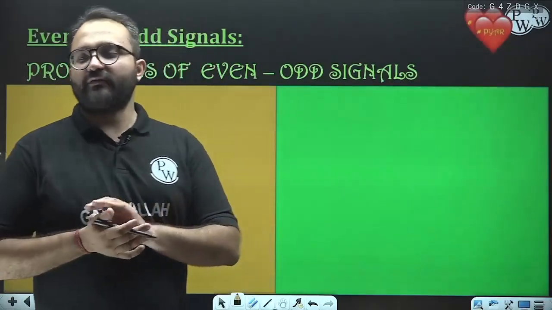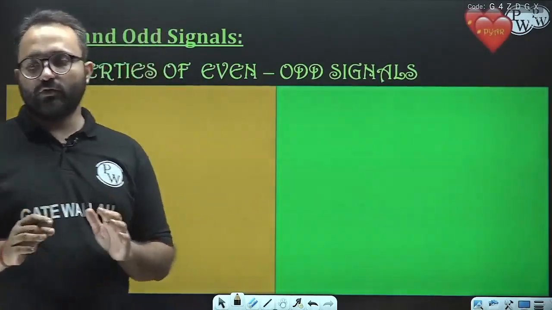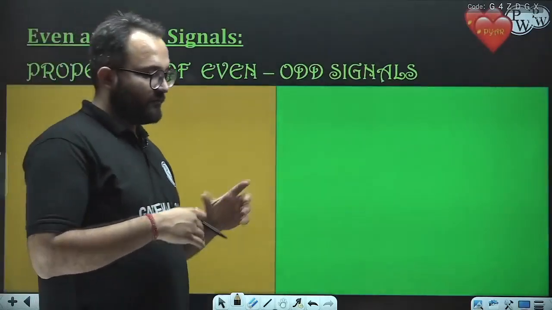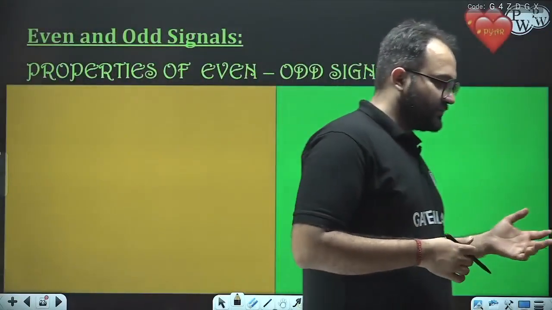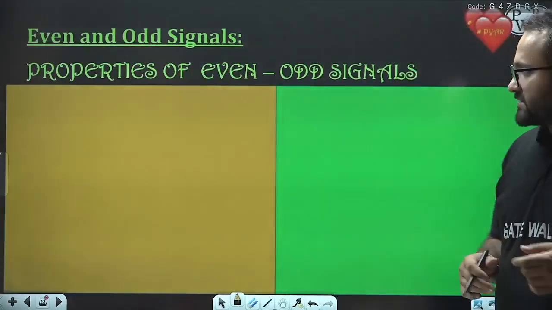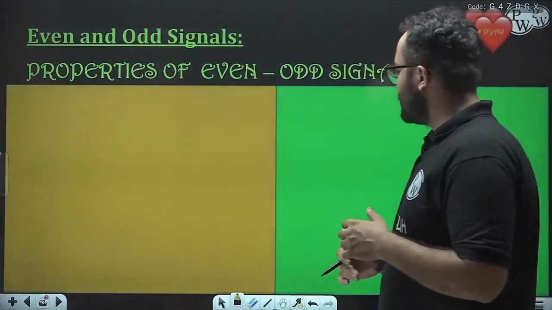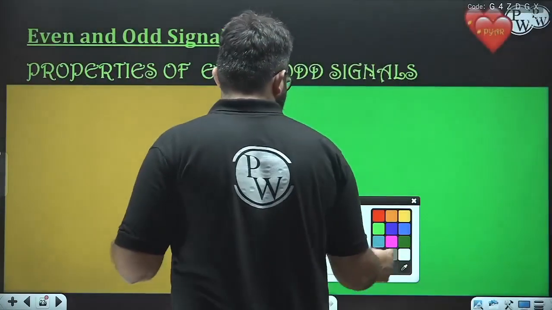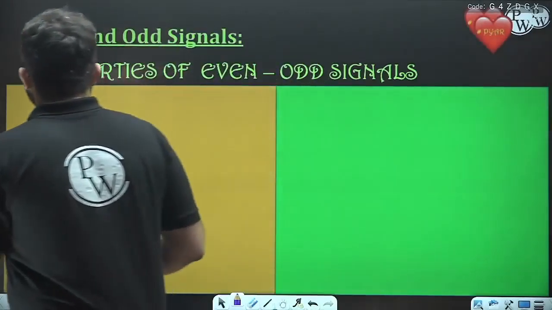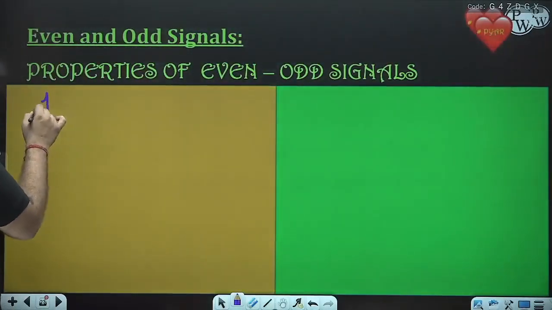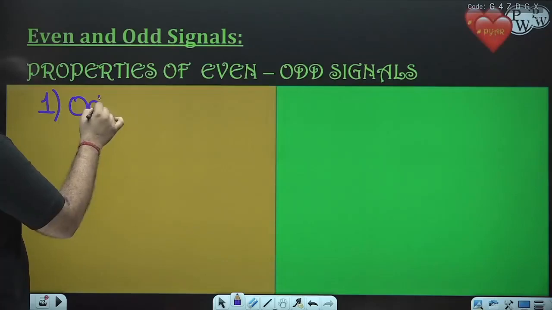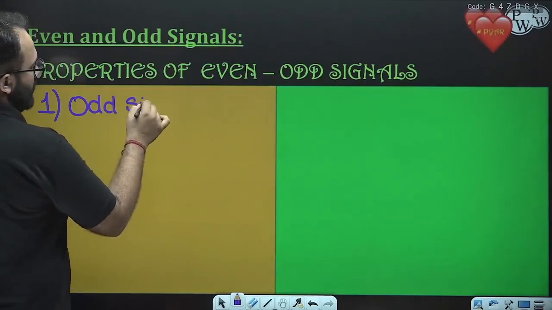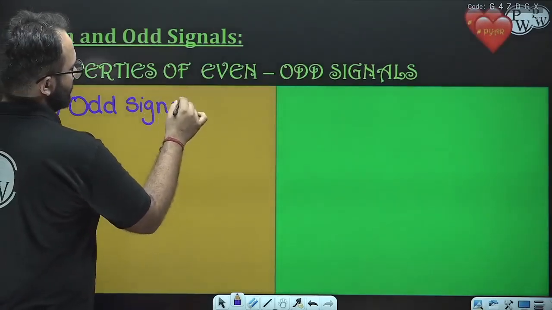There are two basic, very simple properties that we should remember whenever we are solving signals and systems questions. So, properties of even and odd signals. There are two properties. For the odd signal, which is more important here, we know that it is anti-symmetric.